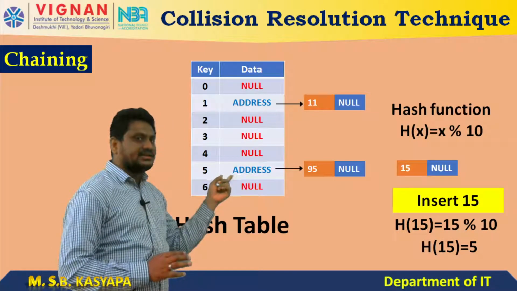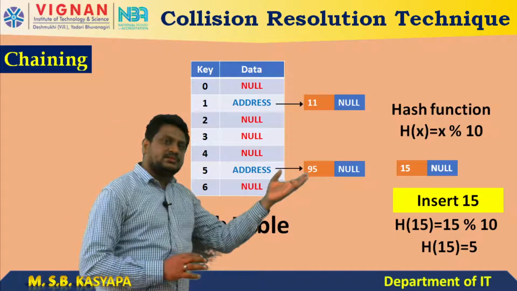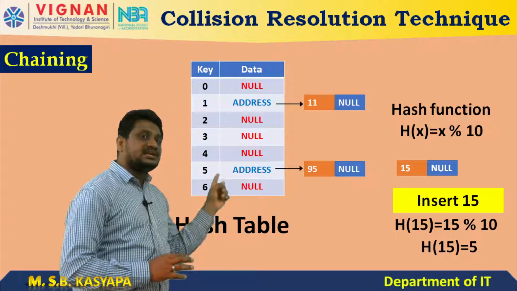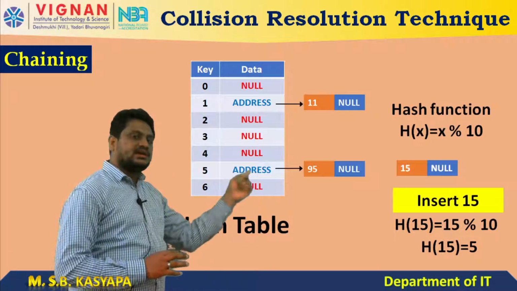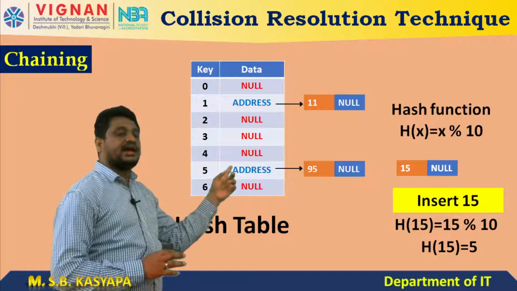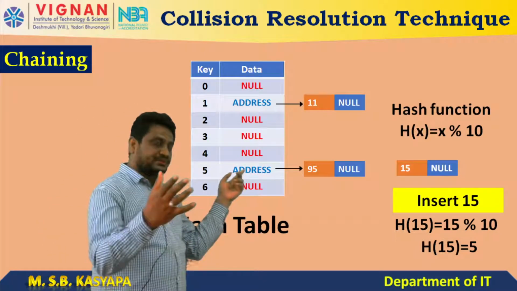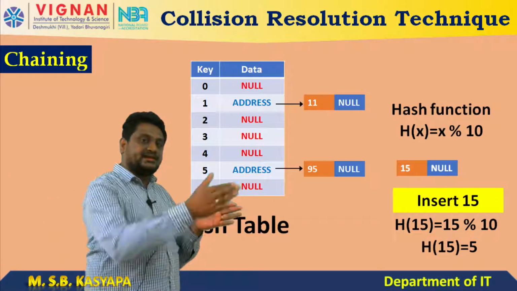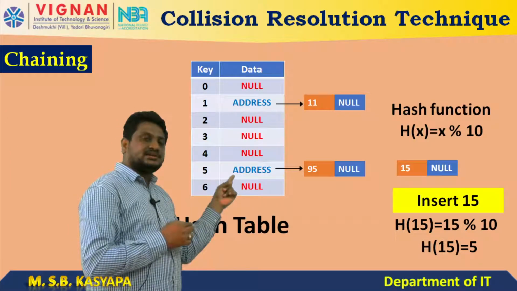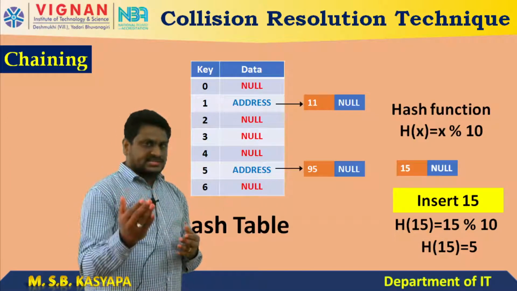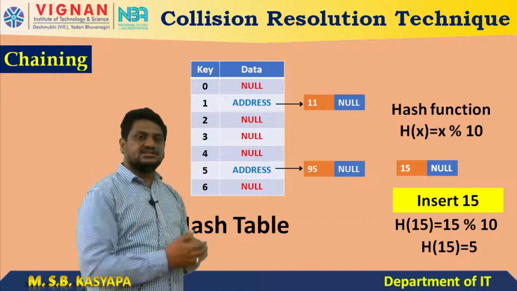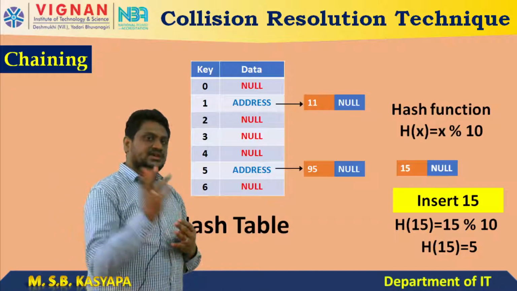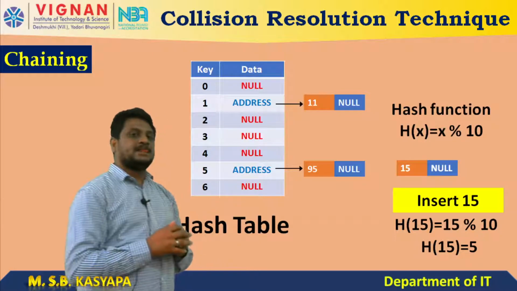If it is null, I will directly put the 15 address here, but it is representing something. So here I cannot insert the value. So I have to check where to insert. As you know from the linked list, I have to check from the head element. The head element is represented here. So simply you can consider it as inserting an element at the end of the linked list. If you know that process, it is very easy. Now, I have to check.